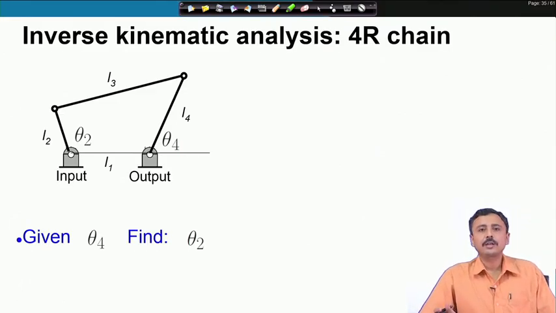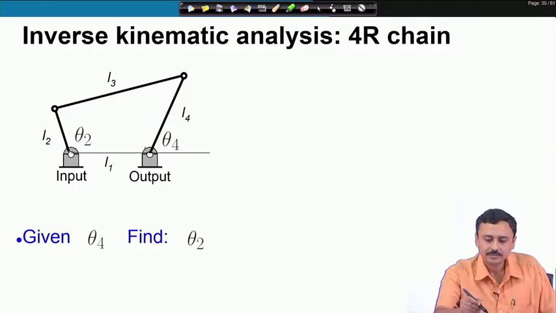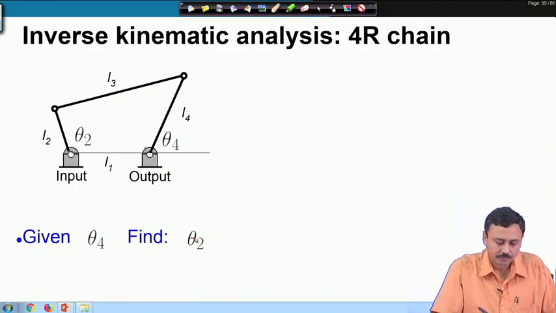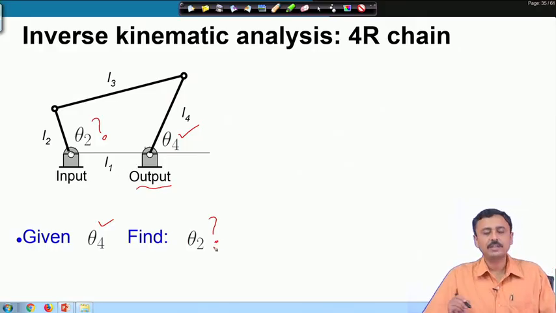Now, let us look at the inverse kinematic problem for the 4R chain, which is absolutely straightforward. Here we are given theta 4, which is the output. So, this is given, we have to find out theta 2.